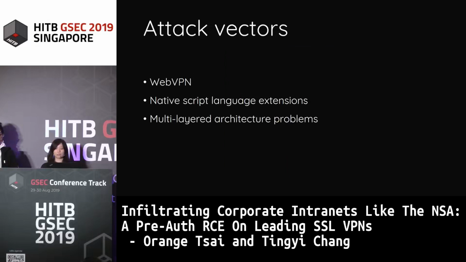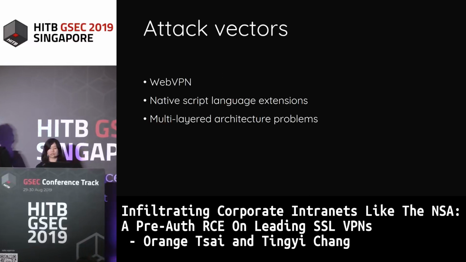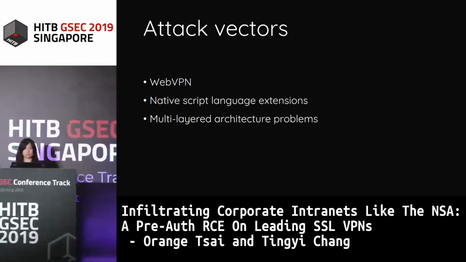We'll talk about a special feature called Web VPN. It's powerful, but also vulnerable sometimes. We got lots of bounty from this feature. It's just like our ATM. The next one is the native script language extensions on SSL VPNs and how they can be dangerous. And we also introduce some multi-layered architecture problems.